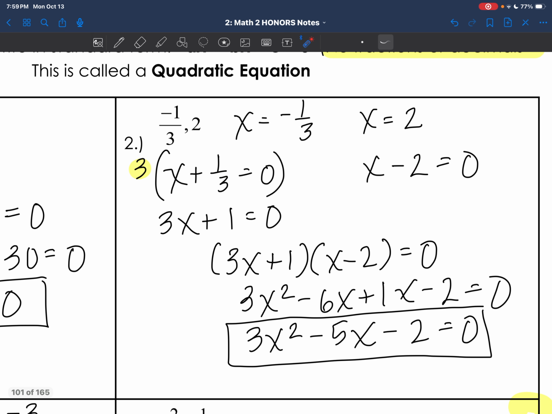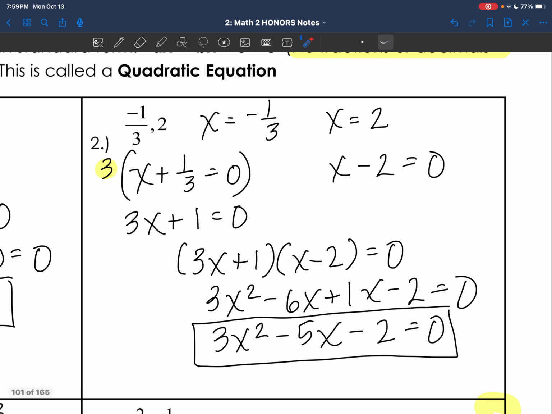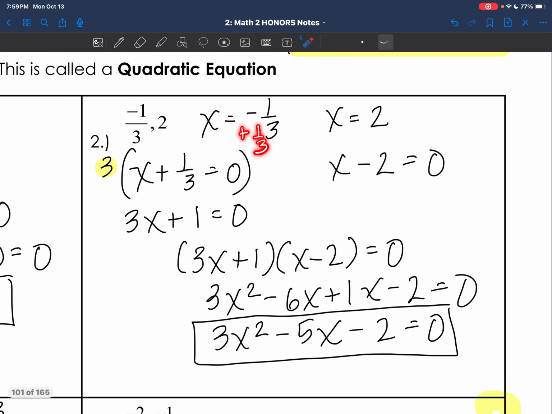All right, now let's look at this one because we have a fraction here. So you're still going to do the same thing. You're going to set each part equal to x, and then you want to set it equal to 0. So to set this equal to 0, I have to add 1/3, and I got x plus 1/3 equals 0.